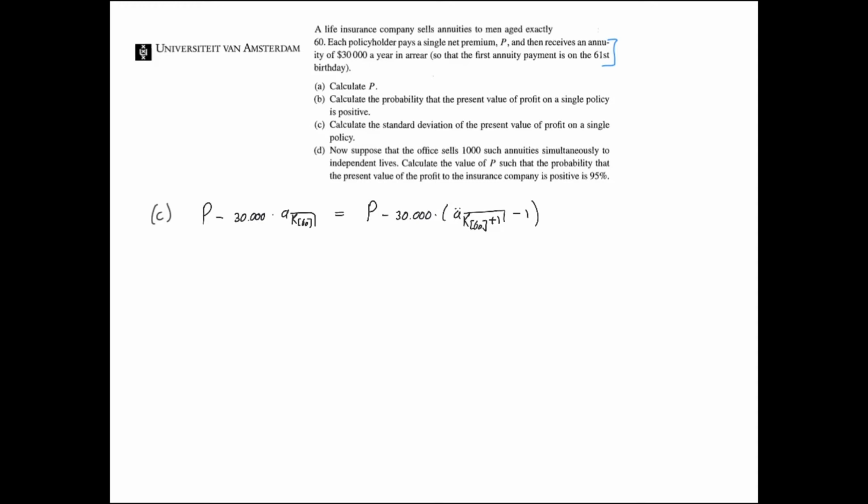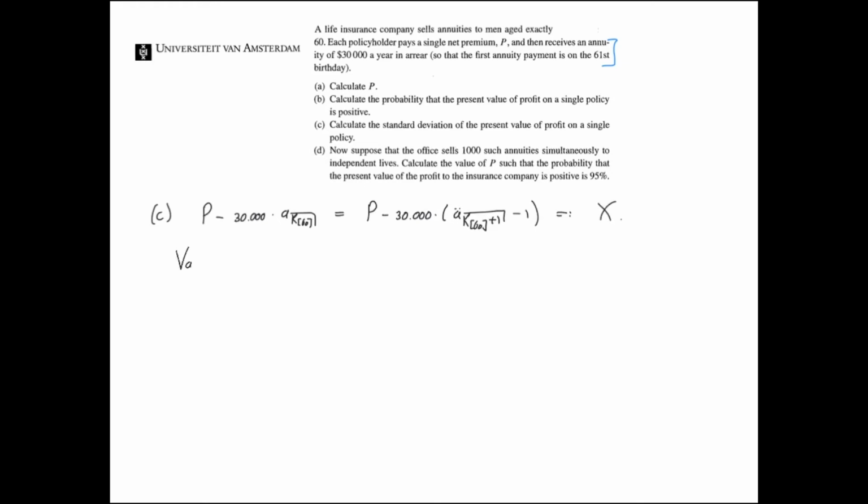Well, in order to obtain the standard deviation, we know it's equal to the square root of the variance. So it might be useful to first take the variance. Okay, so let's do that. Let's define this as, I don't know, let's call it X. So some random variable.